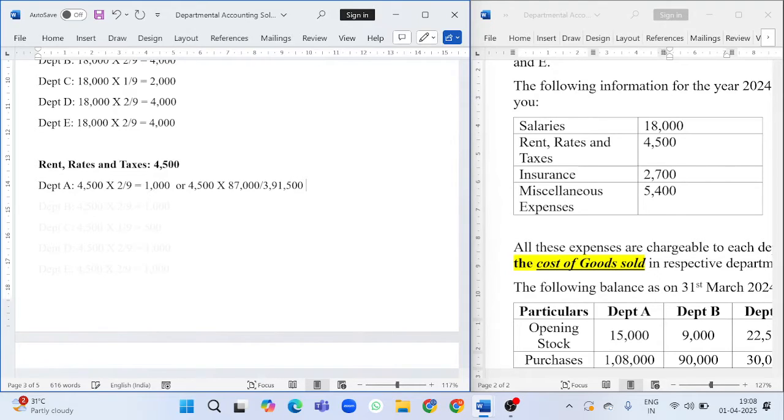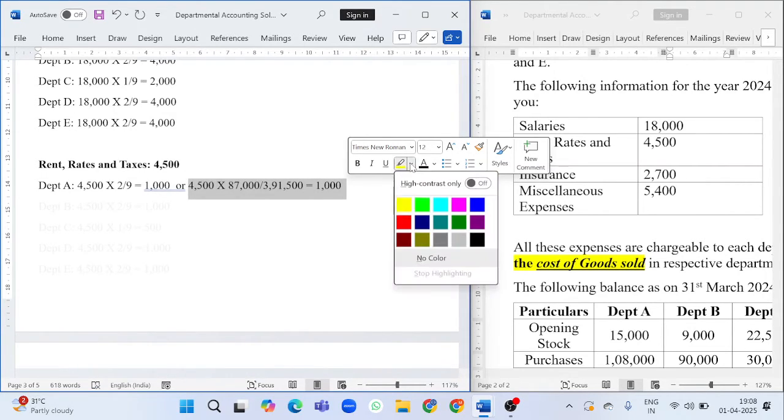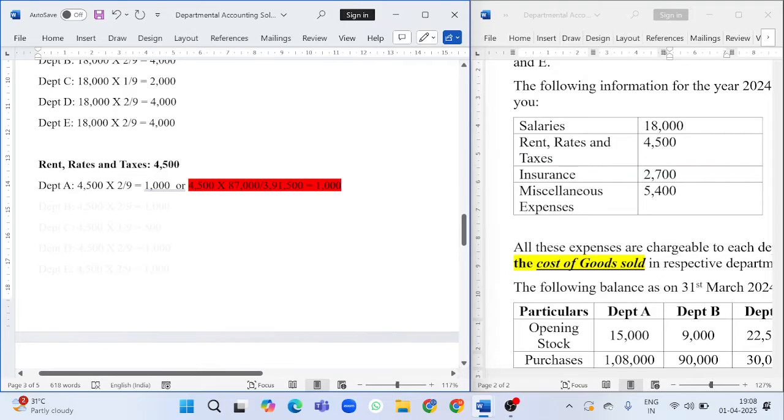So 4,500 into 87,000 divided by 3,91,500, you will get the same answer, 1,000 rupees. But this will be time consuming in your examination, so mostly I will not refer you to this. Always go with the method which uses ratios. This will be the easier method.